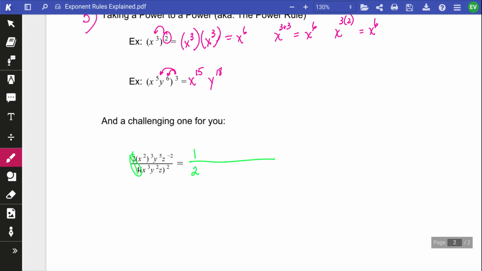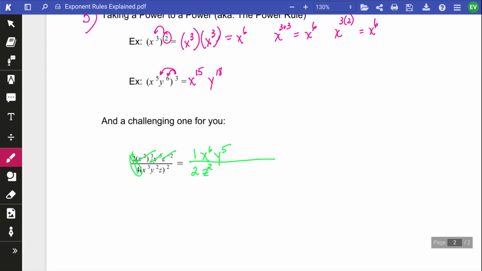So x squared to the third is the same as x to the 6th. We have y to the 5th. Well, y to the 5th is a positive power. It's happy where it is, so we're just going to leave it where it is. Then we have z to the negative 2. Negative power, unhappy where it is, so we're going to put that in the denominator and change the power to a positive. Whew. Now we have our denominator to deal with.